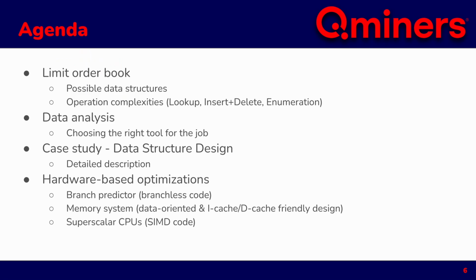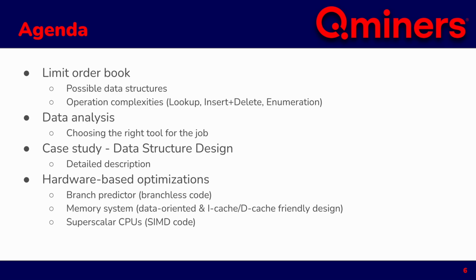Okay, let's look at the agenda. I would like to start with an overview of limit order, then mention some possible implementations, some data structures for that, with their pros and cons.